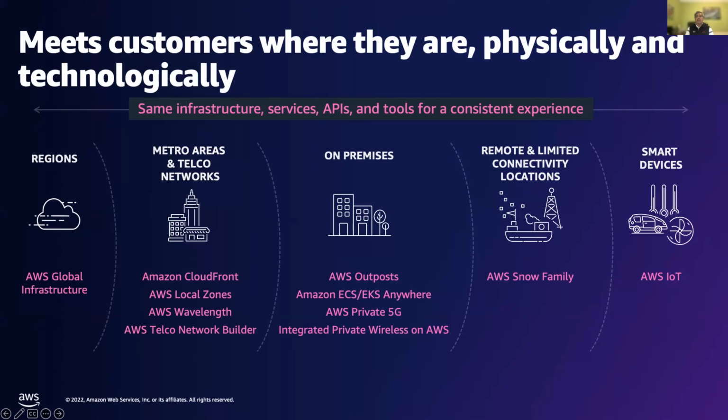like remote and limited connectivity locations where AWS customers can take advantage of cloud services anywhere in the world. Again, it's one of those offline capabilities that you can get, things like Snowball and Snowball Edge, and we'll touch upon that a little later.